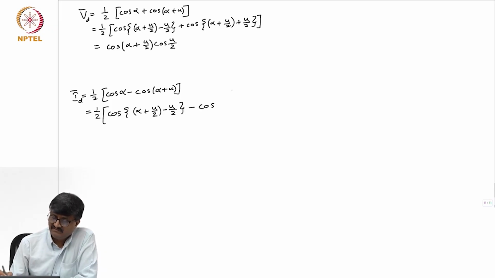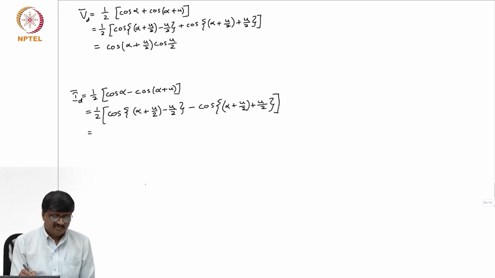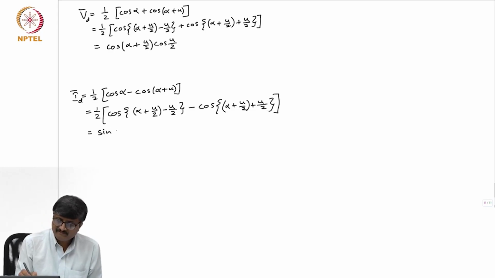Then the second term is minus cos alpha plus u by 2 plus u by 2. So this can be shown to be equal to sin alpha plus u by 2 into sin u by 2.